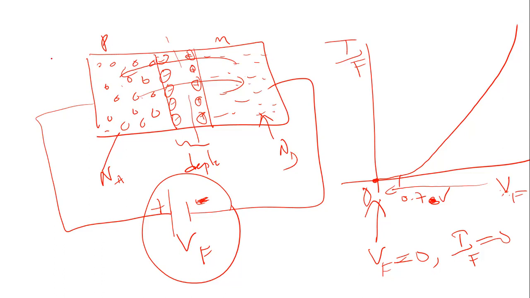The current direction is clockwise, because the direction of current is the same as the direction of flow of positive charge, the holes, and opposite to the flow of negative charge, the electrons. So under forward bias, the current is from p to n, in a clockwise direction, as given by this arrow.